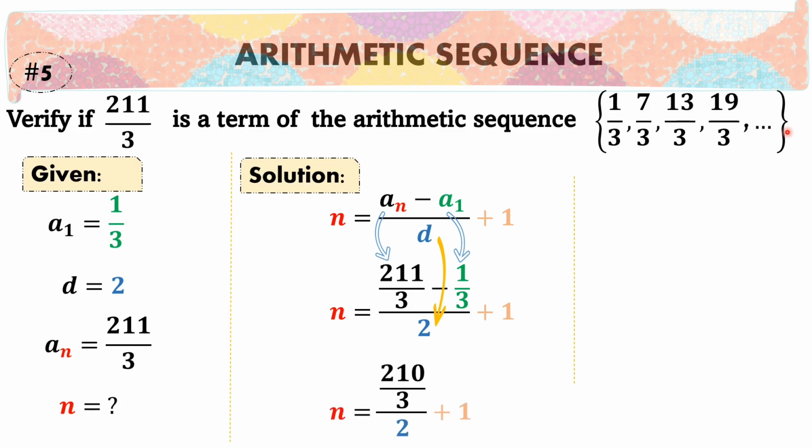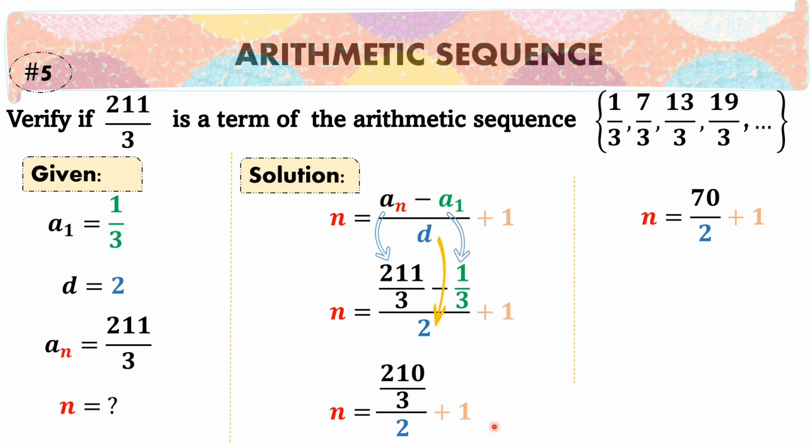Performing the operation, when subtracting similar fractions, just subtract the numerators and copy the common denominator. So 211 minus 1 is 210 over 3, all over 2, plus 1. We have 210 over 3 is 70, over 2, plus 1.